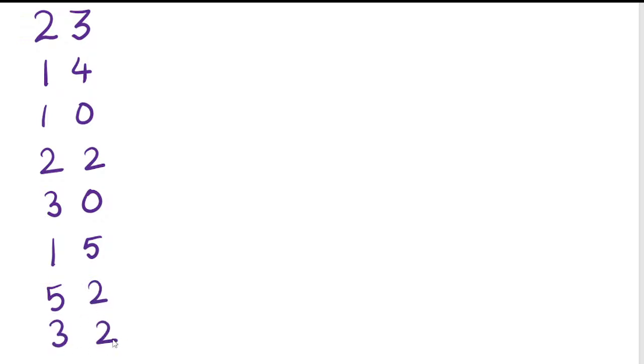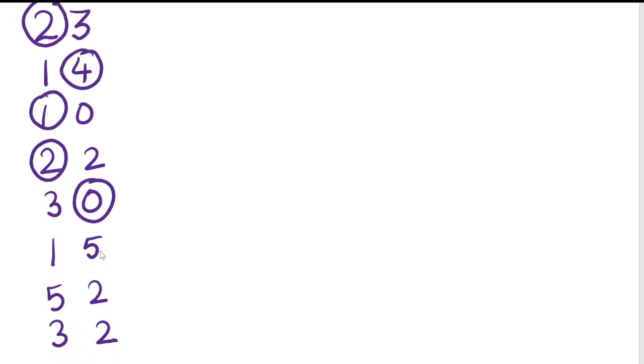I'm going to circle here 2, here 4, then 1, 2, 0, 5, 5 and 2. Now your child has to tell whether the circled number is at his right hand side or left hand side. According to that, he has to tell the place value of that particular number.